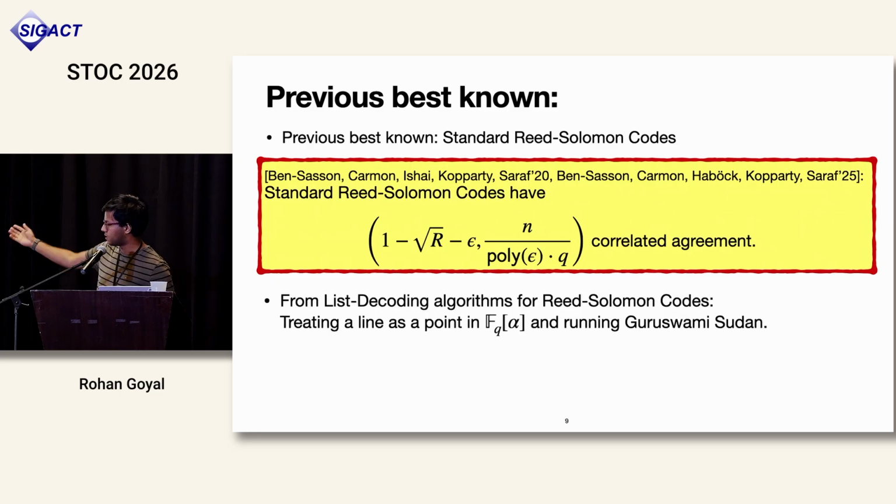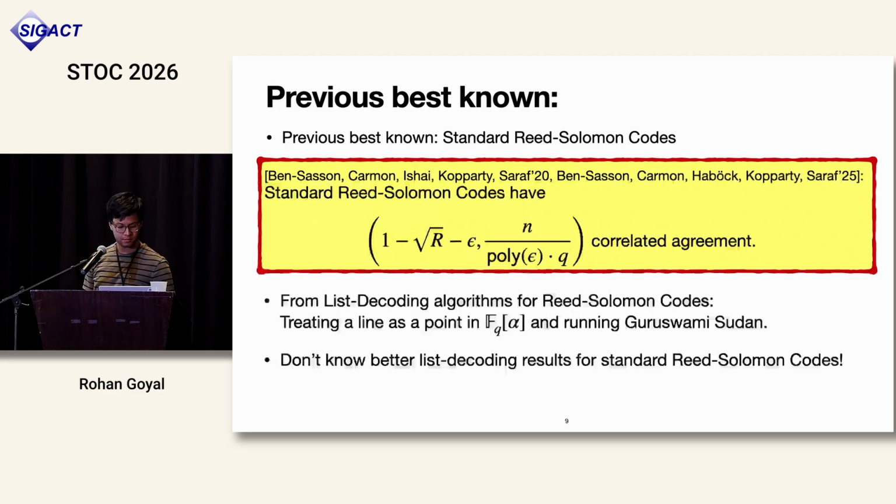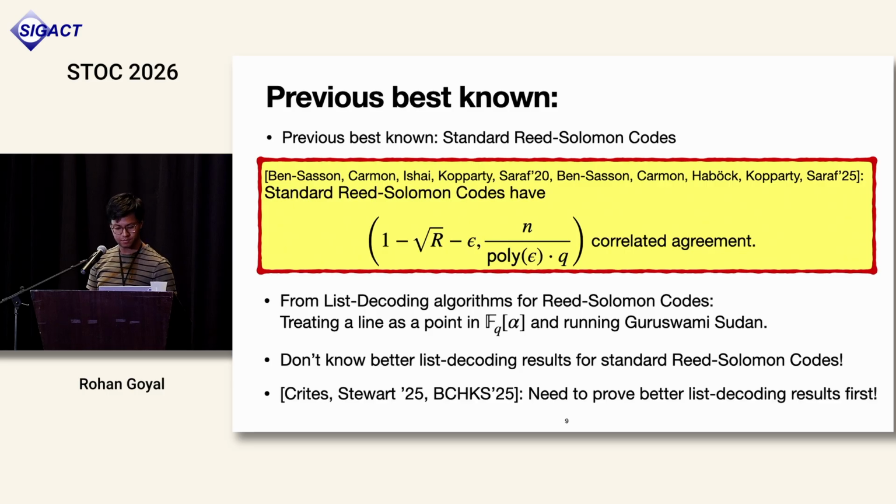And this, as Swastik told you, is really coming from running list decoding algorithms for Reed-Solomon codes, like the Guruswami-Sudan algorithm. And we don't really know even list decoding, and this seems like a more complicated object to understand. So it seems hard, at least, to go beyond the Johnson bound and approach capacity here.